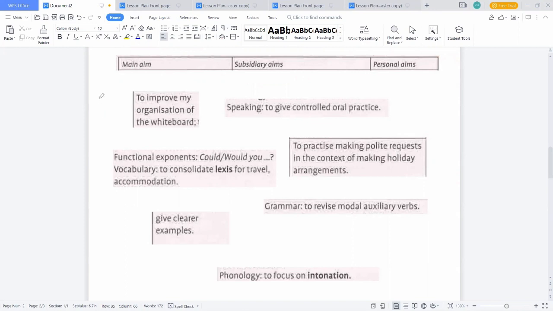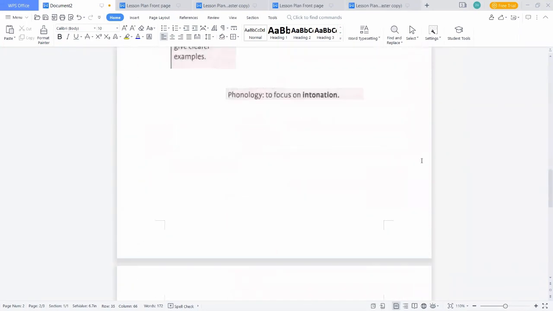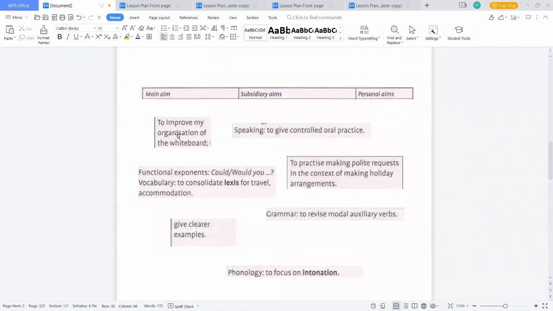Before I speak about these, I'd like you to take a minute or two and see if you can organize these into the correct columns. Pause the video and try to organize them.